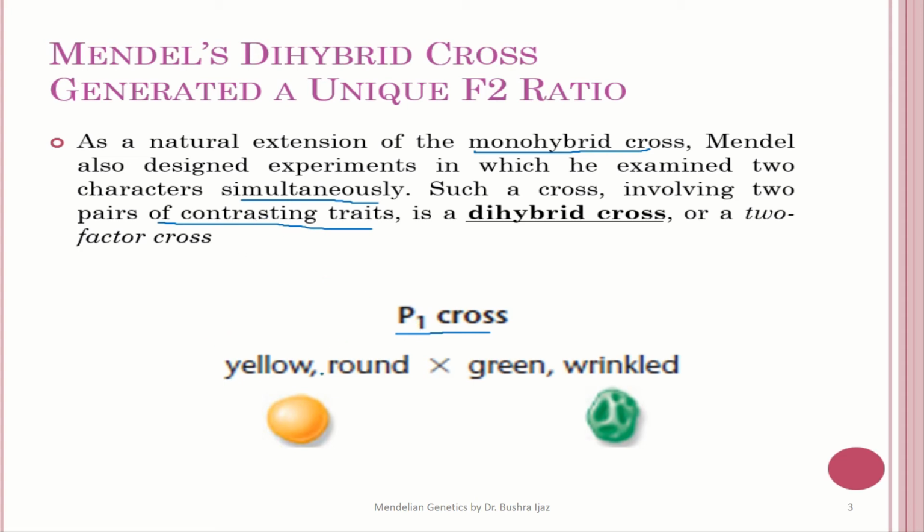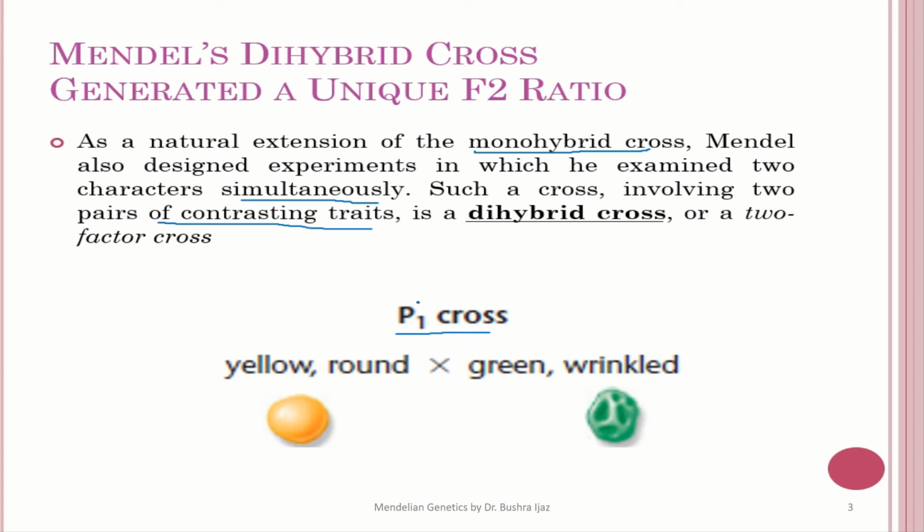And in this cross, they have taken yellow as a seed color and round, which are the dominant characters, yellow and round, both of the characters together, and then green and wrinkled. Both of these characters are actually recessive characters.